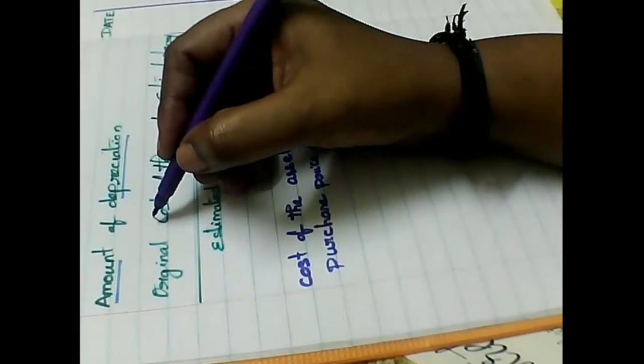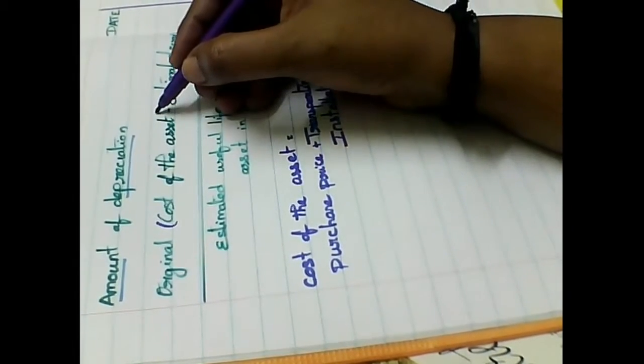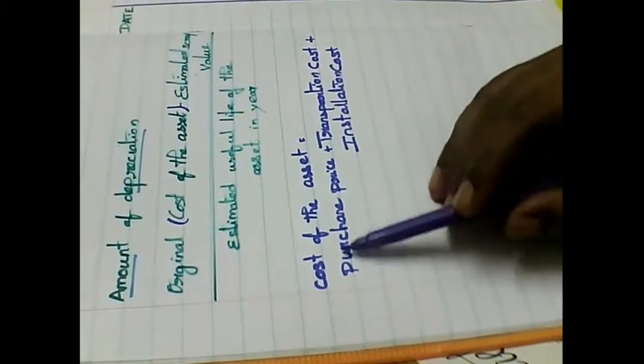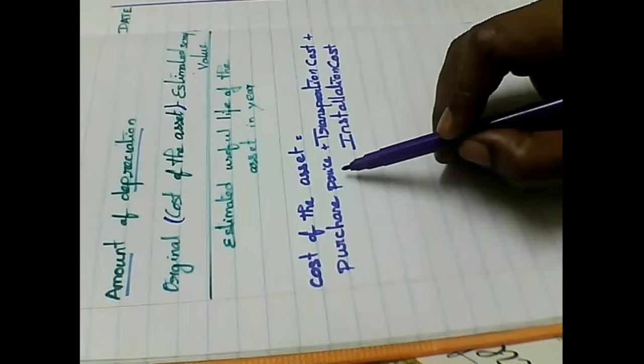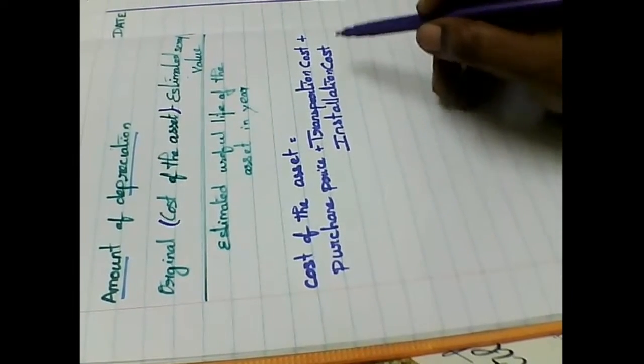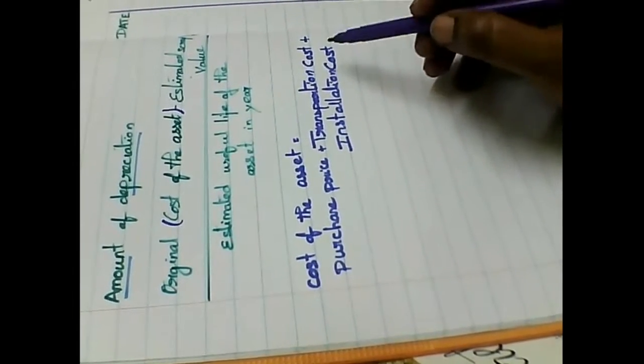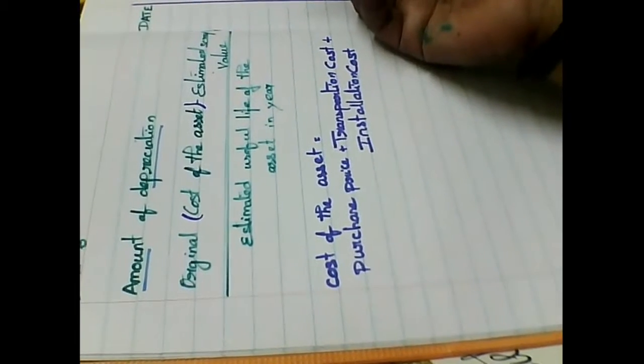First we have to find the cost of the asset. As already discussed many times, purchase price plus transportation cost plus installation cost, all three combined, give the cost of the asset.